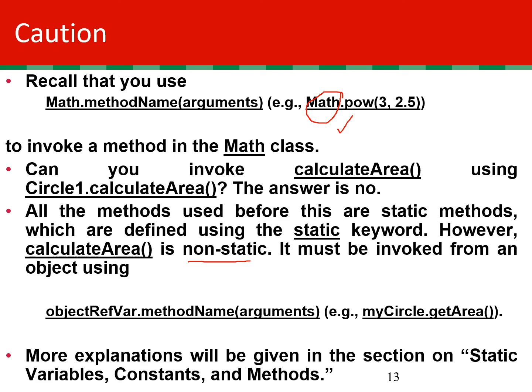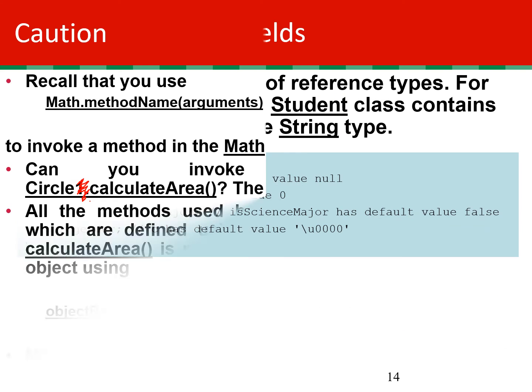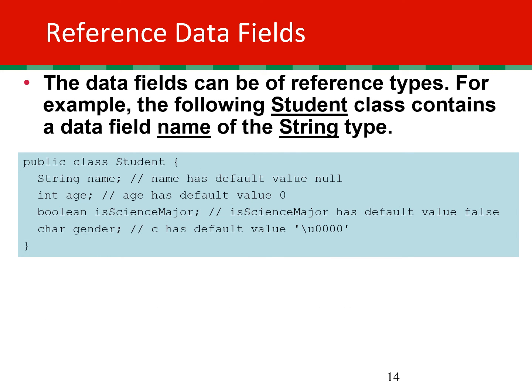So when it is not defined as static, you have to call it like this: the object name that you declared, dot, calculateArea. This is a bit confusing because just now we were using Circle, right? If you want to call Circle.calculateArea straight away, the way that you use for Math, it's not allowed. Why? Because the calculateArea method does not have the keyword static in front. All right, we'll come into this later.